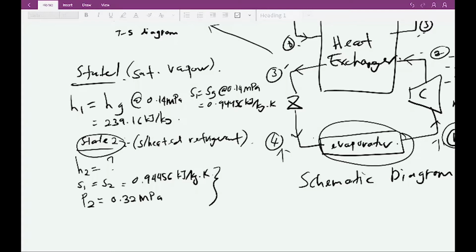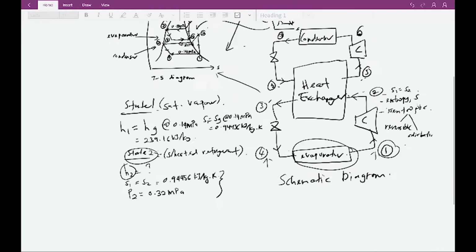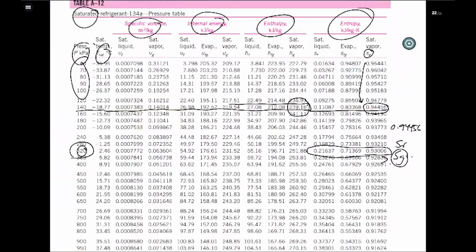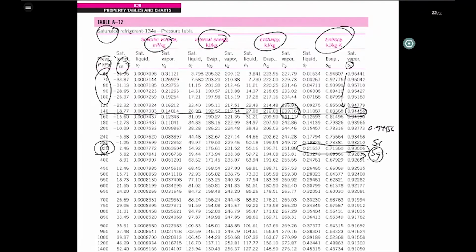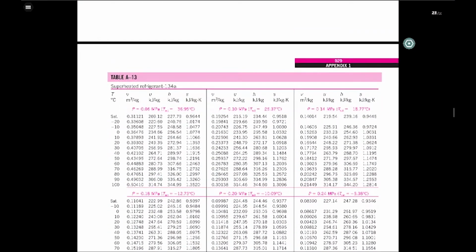To find the enthalpy, we should use the superheated table. So go back into our property tables and search for superheated refrigerant.